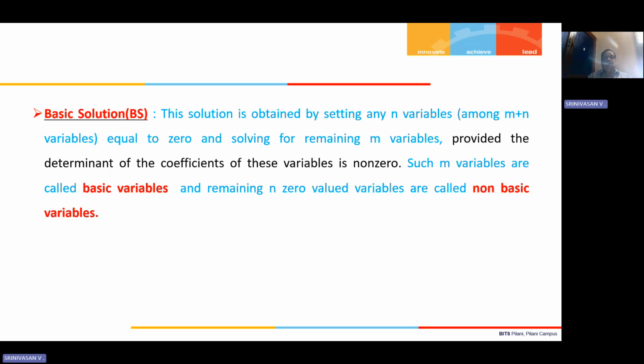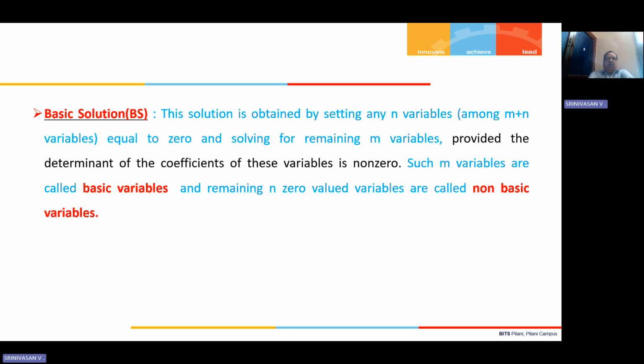Basic solution. This solution is obtained by setting any n variables among m plus n variables equal to 0 and solving for the remaining m variables, provided the determinant of the coefficients of these variables is non-zero.